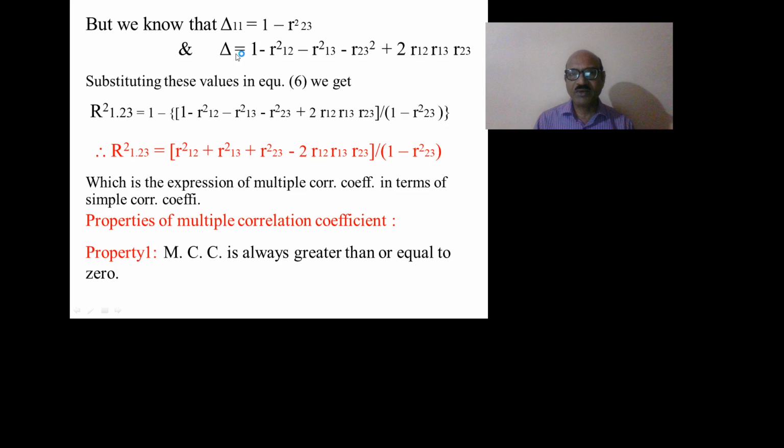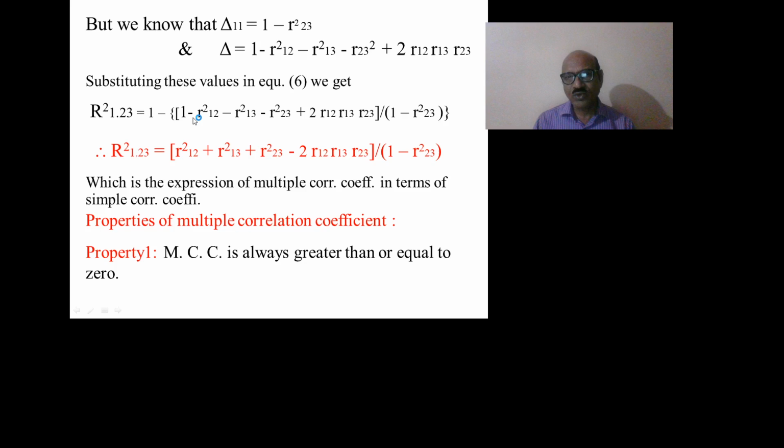What are we getting? 1 minus delta upon delta 11, so this is your delta and this is delta 11 as 1 minus R23 square. Now if I take the minus sign inside, 1 minus 1 will vanish. R12 will get the positive sign, R13 positive, R23 also positive, and the last term will get the negative sign.